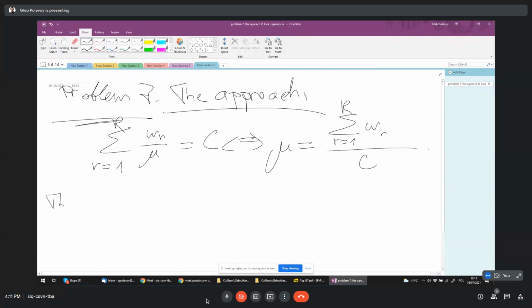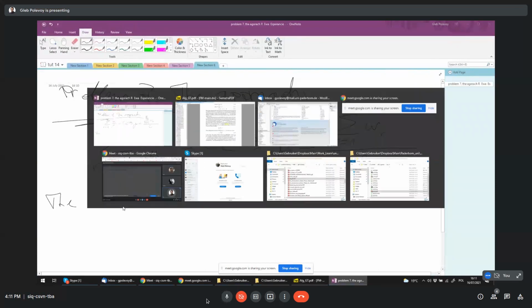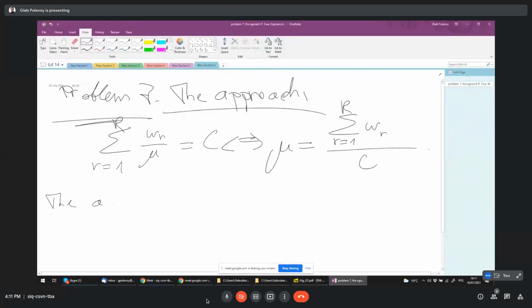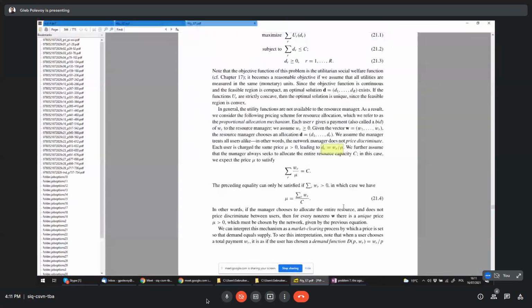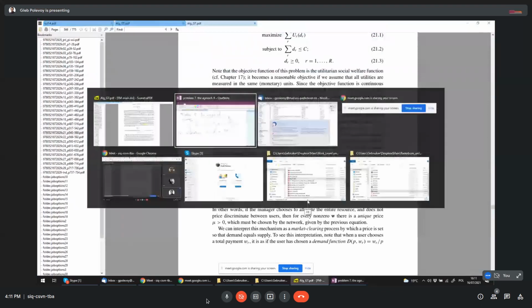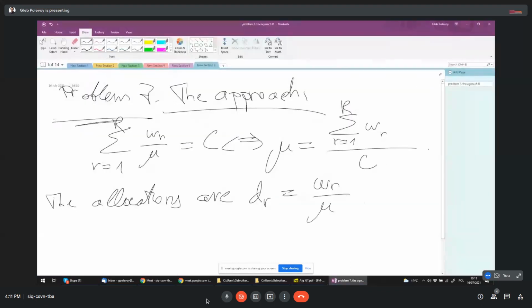the allocations, we want not only to find the price, but also to determine the actual allocations, which are dr, which is what you bid, how much you want to spend, divided by that price, which you've just found.